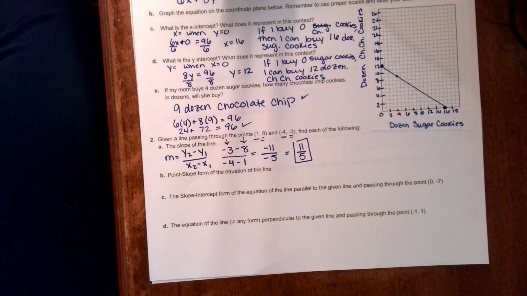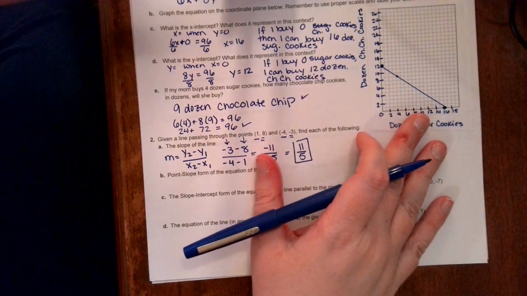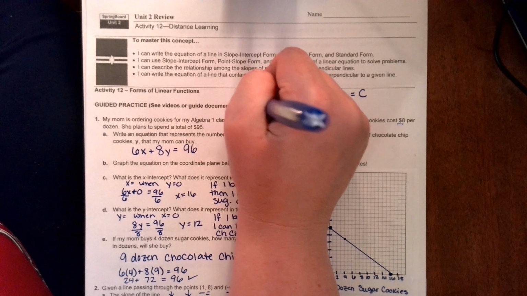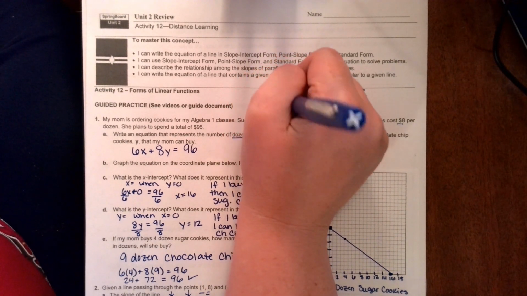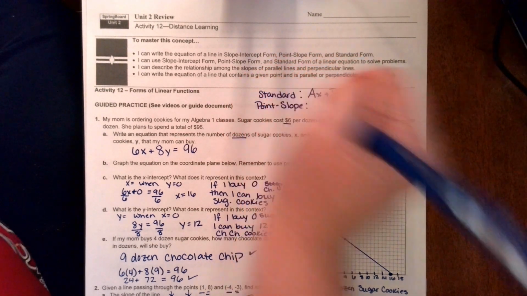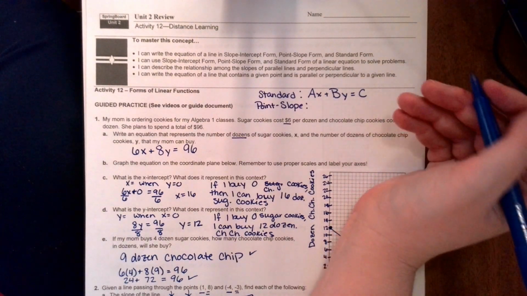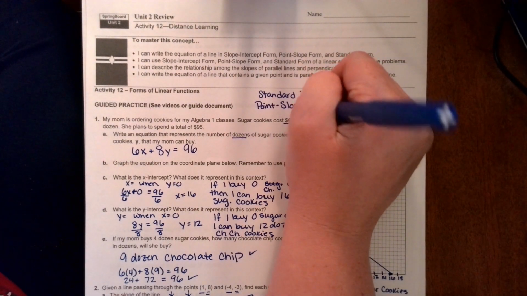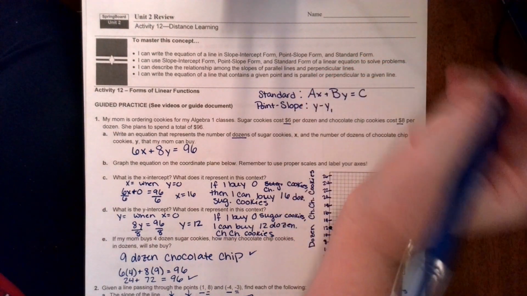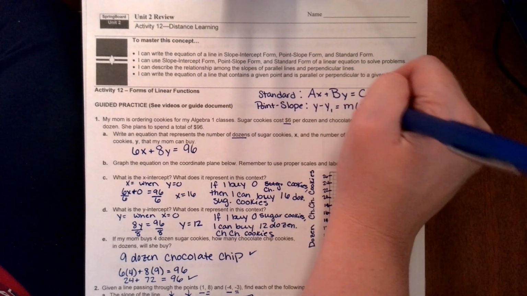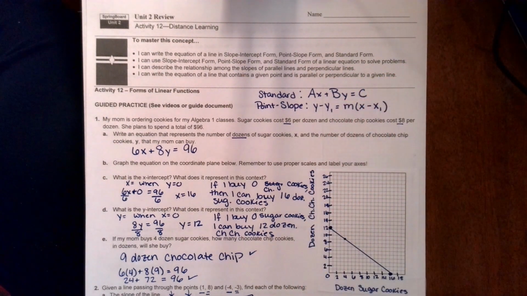Okay, we want the point slope form of the line. So point slope, I'm going to come back up here where standard is, and I'm going to write point slope. So point slope is basically you have your slope and a random point. So you take y minus the y coordinate of your point equals your slope times x minus the x coordinate of your point.